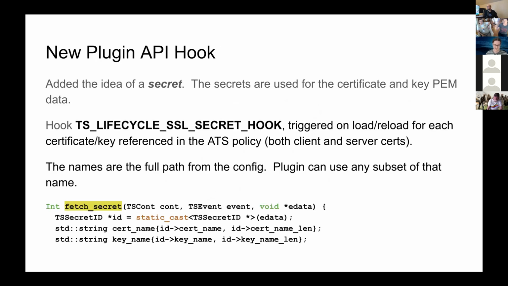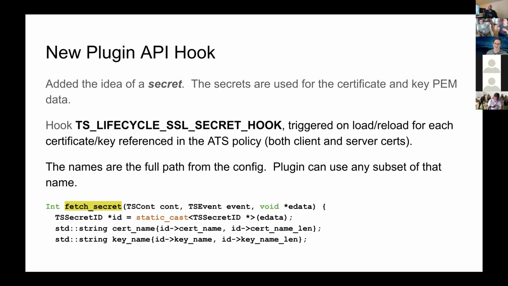So what we have is some new plugin hooks, some new plugin APIs. And the new plugins are revolving around an idea of a secret. The secrets are used for the cert and the key PEM data. So rather than pulling data directly off the disk to do our SSL CTX creations, we are pulling secrets out of our secret table.